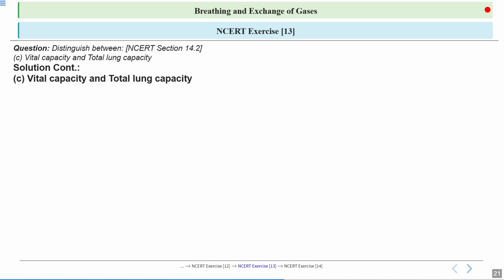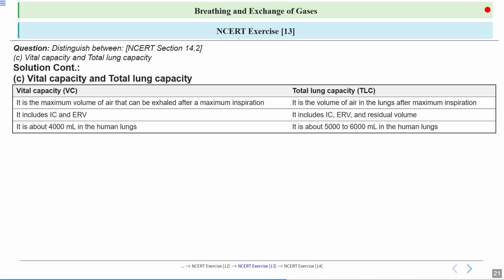Next difference is between the vital capacity and the total lung capacity. Vital capacity is the maximum volume of air that can be exhaled after maximum inspiration. So when can you do the maximum inspiration? When you have a forceful inspiration. So that reaches the maximum level, and your maximum volume of air is there, so that you exhale out, right?